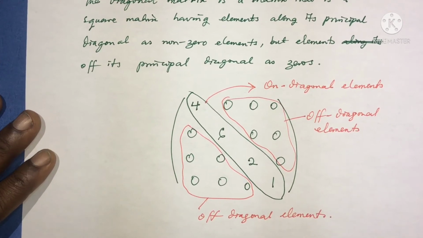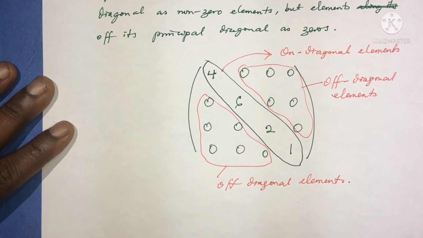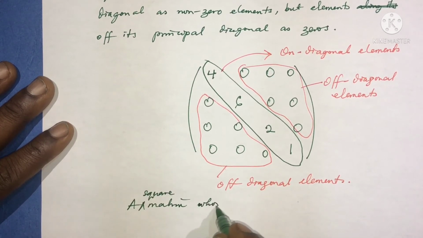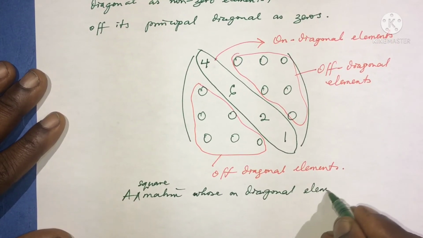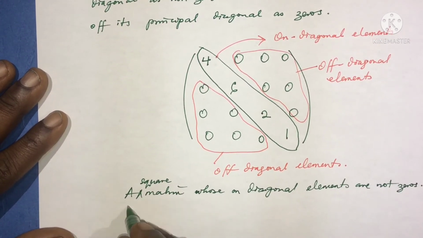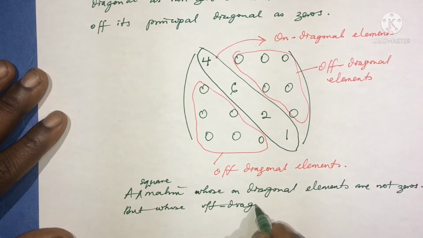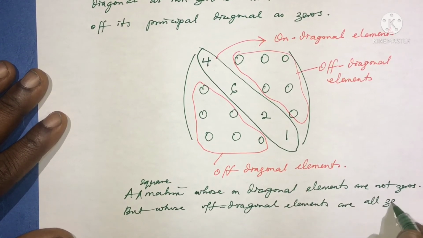So you can see now, based on this idea, you can even redefine a diagonal matrix to be a square matrix whose on-diagonal elements are not zeros, but whose off-diagonal elements are all zeros.